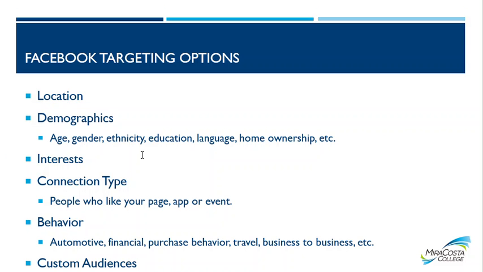Interests, so if you're targeting runners, you can put in runner, health and wellness, working out, marathon, half marathon. Connection type: people who like your page or new people who haven't liked your page yet. Behaviors: automotive, financial, purchase behaviors, travel, business to business, or custom audiences. I always like to create custom audiences and then I save them for later.